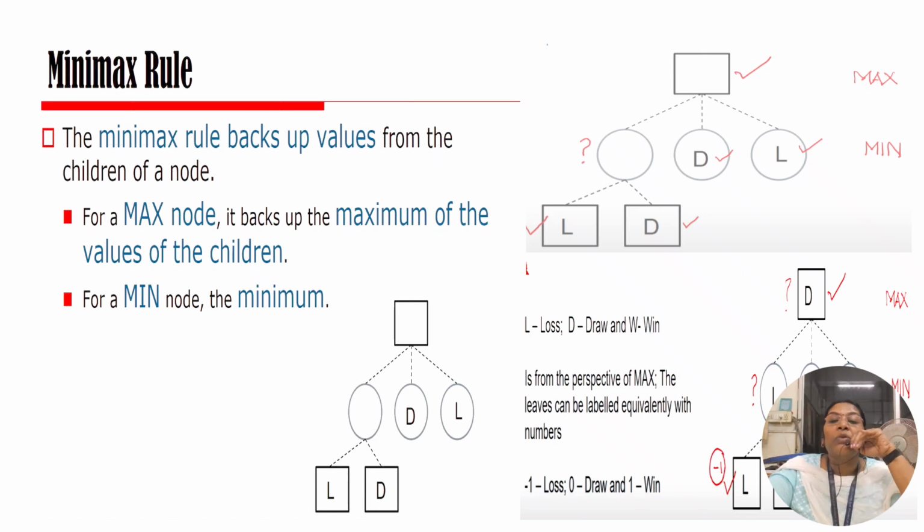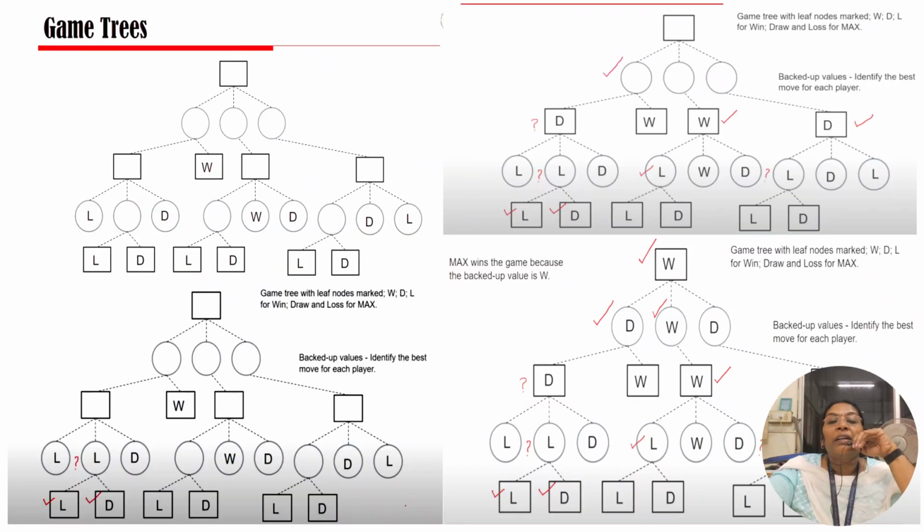Out of L and D, the minimum value is L, which is -1, so -1 would be given over here. So this becomes L, D, L.